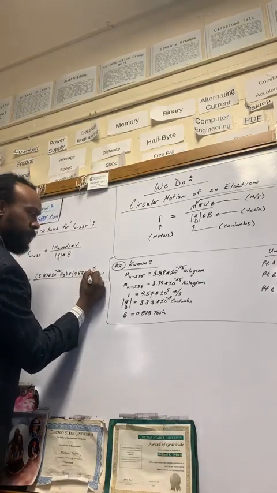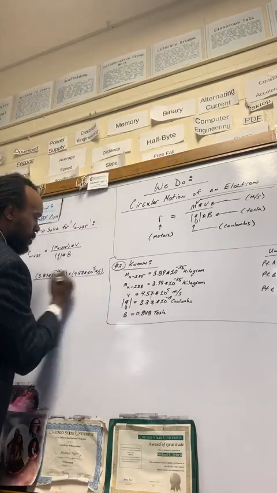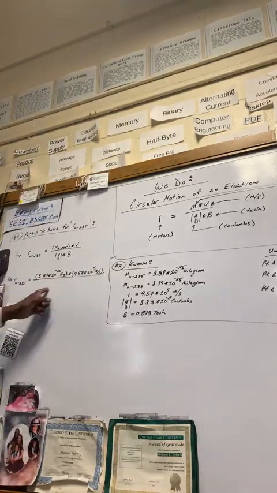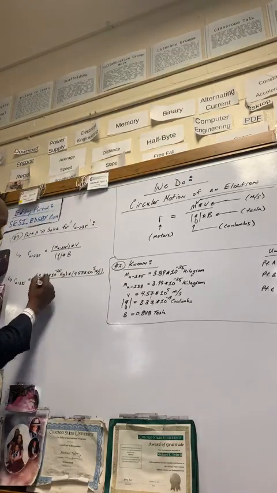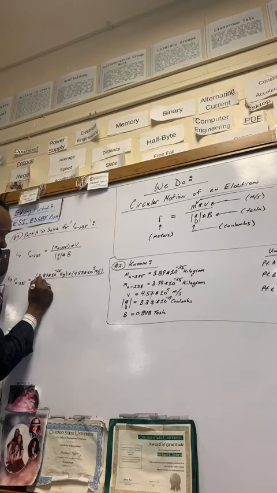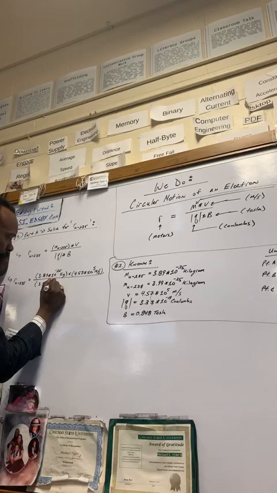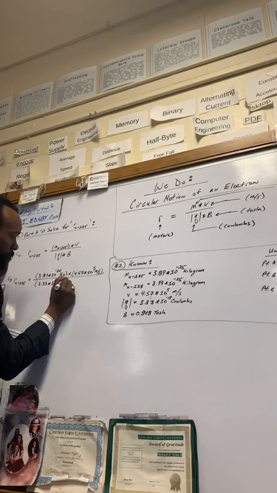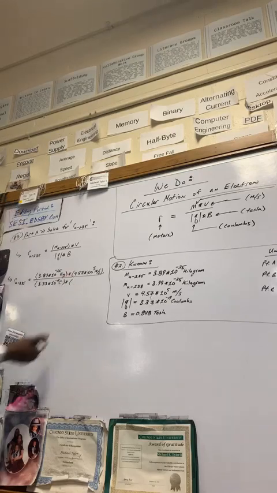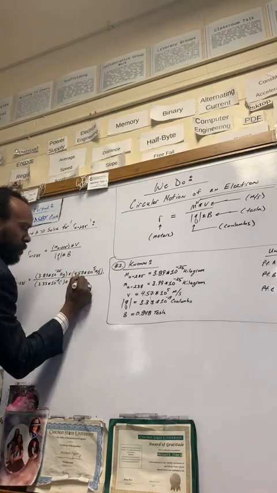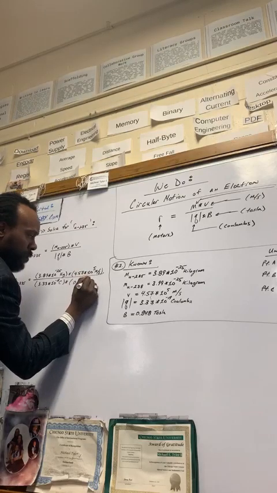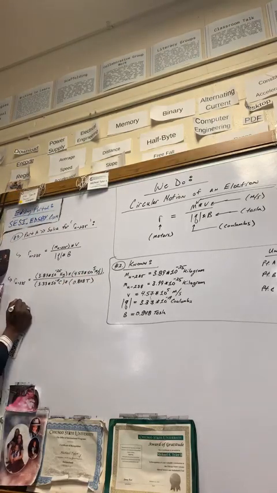That's to the fifth, right? Come to the bottom. Right? What's our charge? And then, of course, our B field. Okay? So now all you gotta do is calculate.